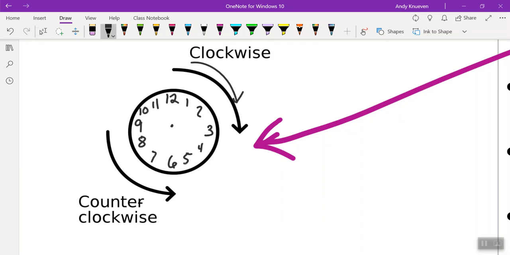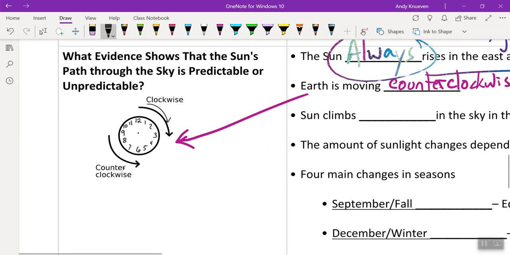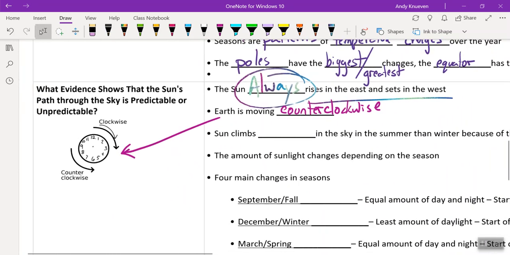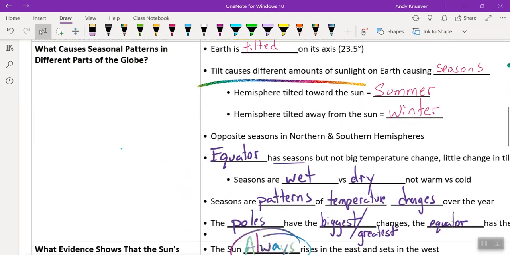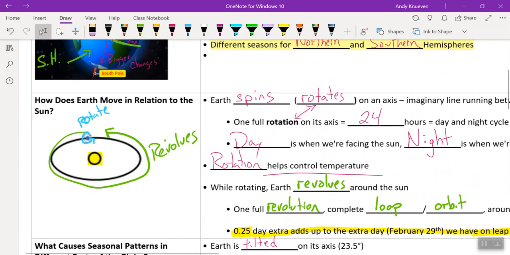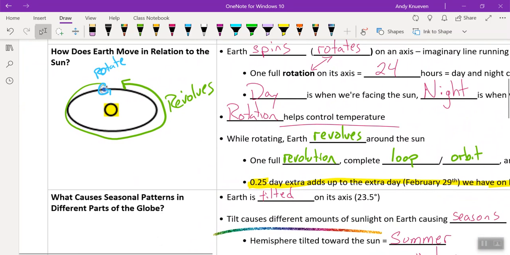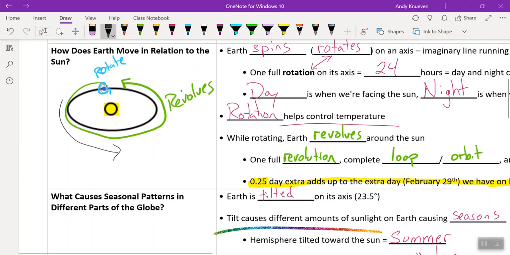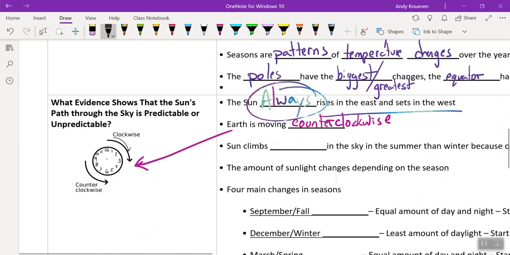Now counterclockwise would be the opposite. So when the Earth is moving counterclockwise around the sun, we look at that in our other one here, that it is going counterclockwise around, and as it does that, it's also moving counterclockwise as it's rotating.